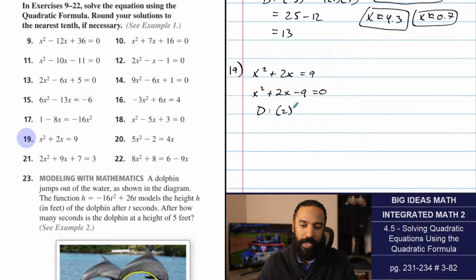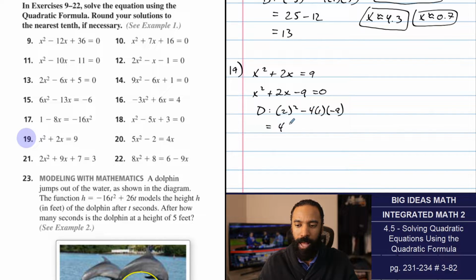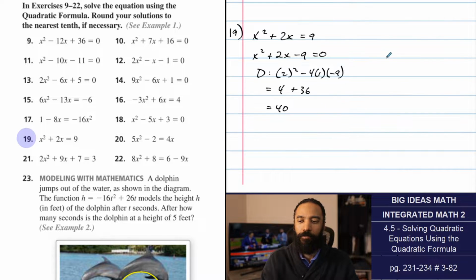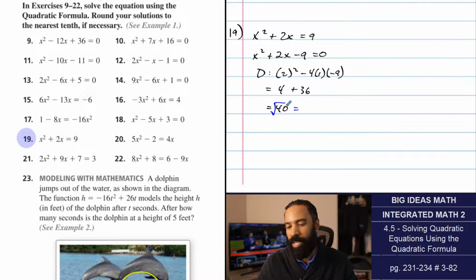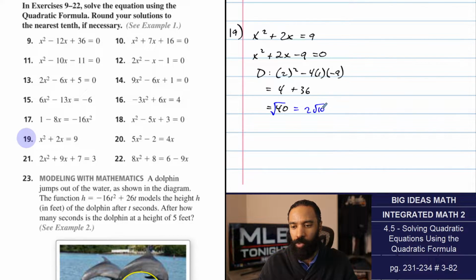Discriminant is going to be b squared minus 4ac. And see, here's the difference. When c is negative 9, we end up adding 4 plus 36, which is 40. Now, 40 is the thing that goes inside the square root. If you want to start doing some simplifying radicals now, root 40 is root 4 times root 10, or 2 root 10.